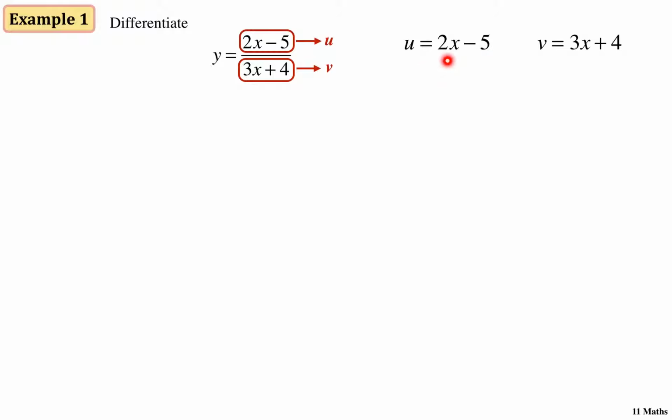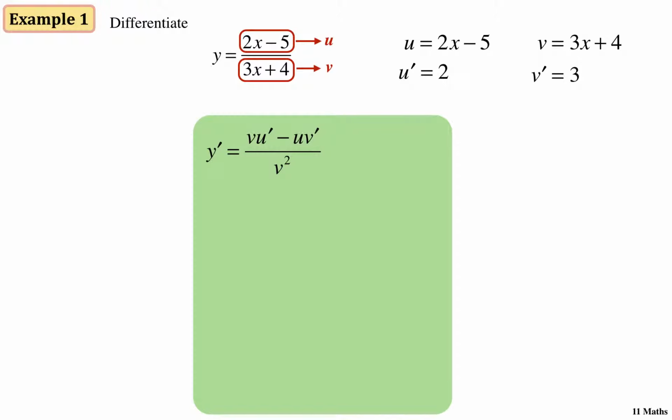The derivative of 2x is 2, the derivative of minus 5 is nothing, so the derivative of u is 2. What's the derivative of v? The derivative of v is 3x becomes a 3, 4 differentiates to become 0, so v dash will equal 3. So we've got our expressions for u dash, v and v dash.